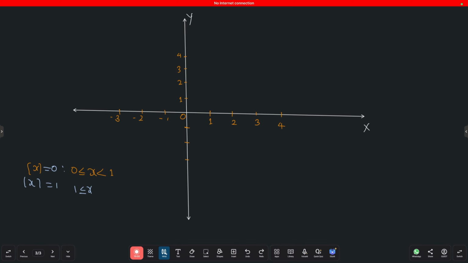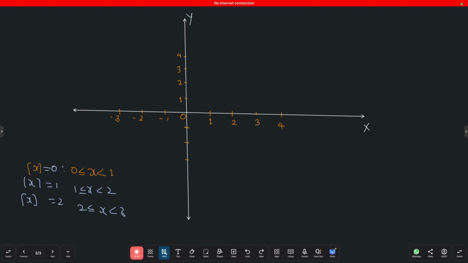Okay. But again from 1 to 2, the answer is 1. 1.1, 1. 1.3, 1. 1.5, again 1. 1.99, 1. Whenever it is exactly 2, then it will start giving 2 as the answer. Okay. So whenever x is from 2 to 3, closed at 2, open at 3, then the answer is exactly 2.